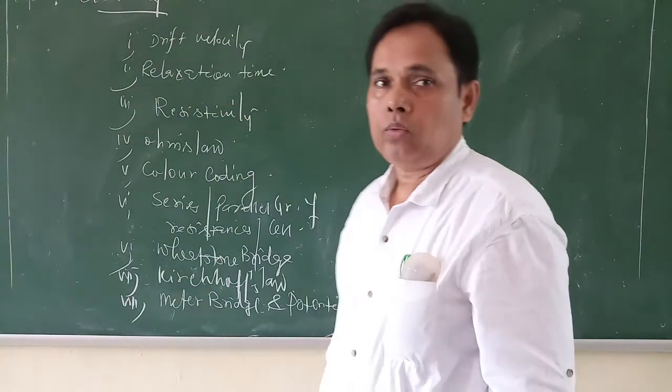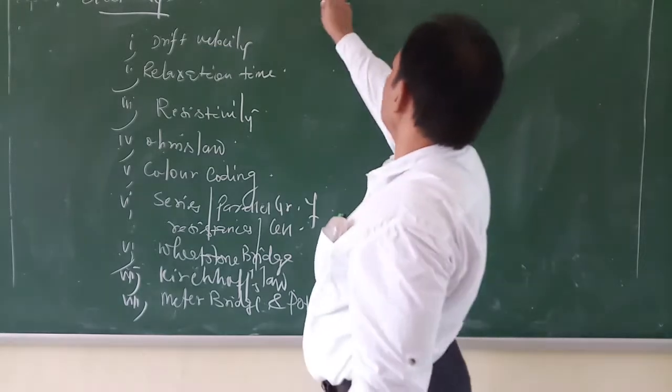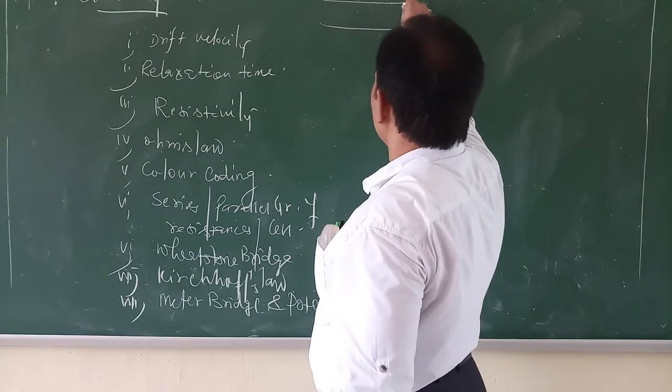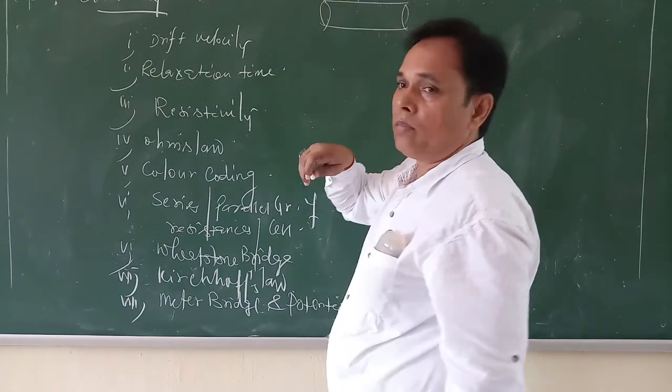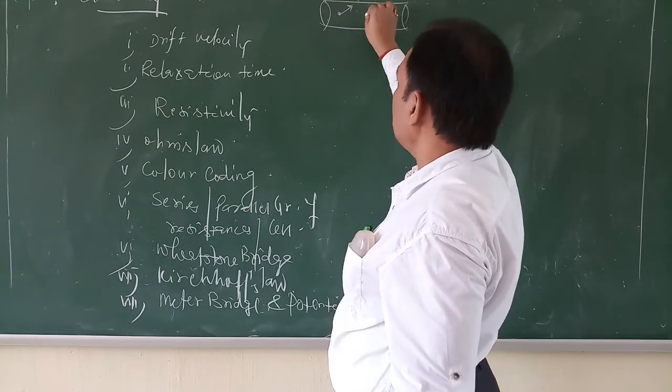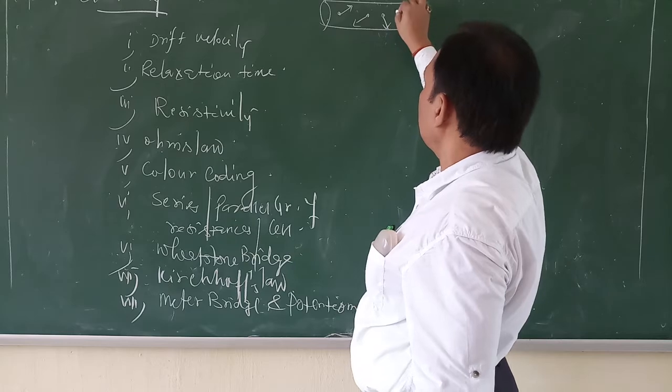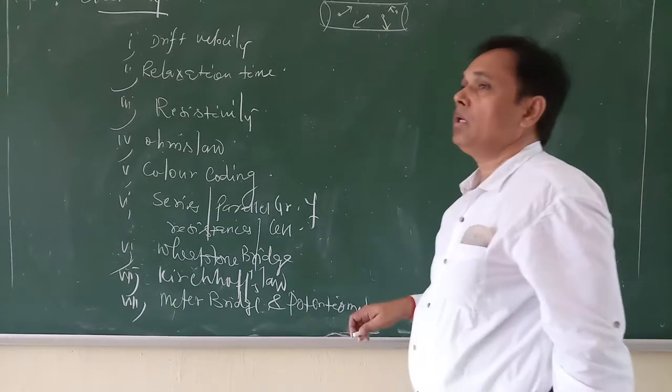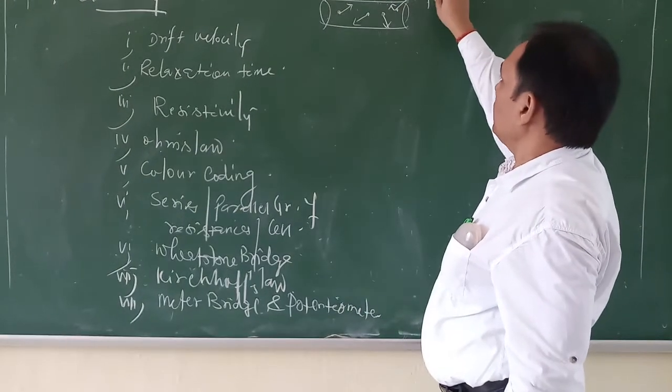So first, this is a conductor. The free electrons move randomly in a conductor.